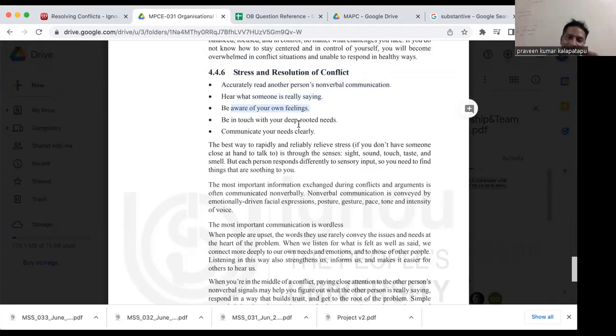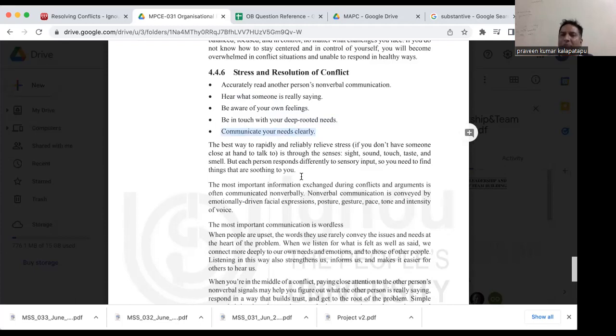You should be able to understand yourself, and you should understand the deep-rooted needs. It's not just about what they are saying, the outer words, right? When they are saying it, you should be able to connect to what their deep-rooted needs are. Sometimes it is not very evident in the words that they bring in. You should be able to actually understand those deep-rooted needs, right?